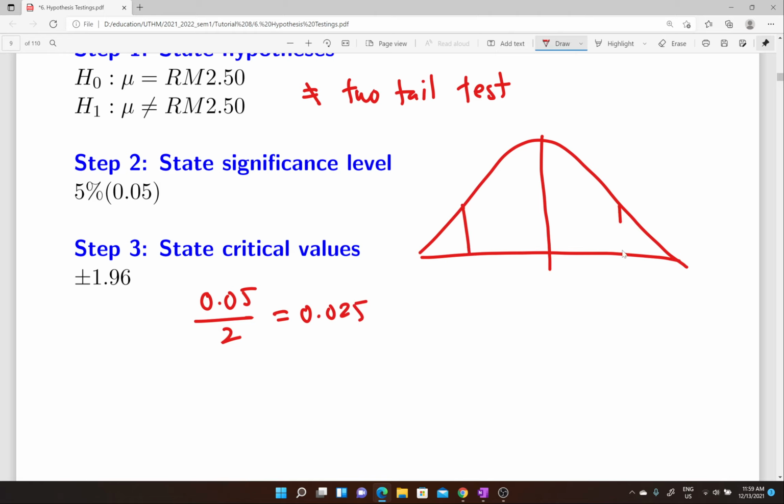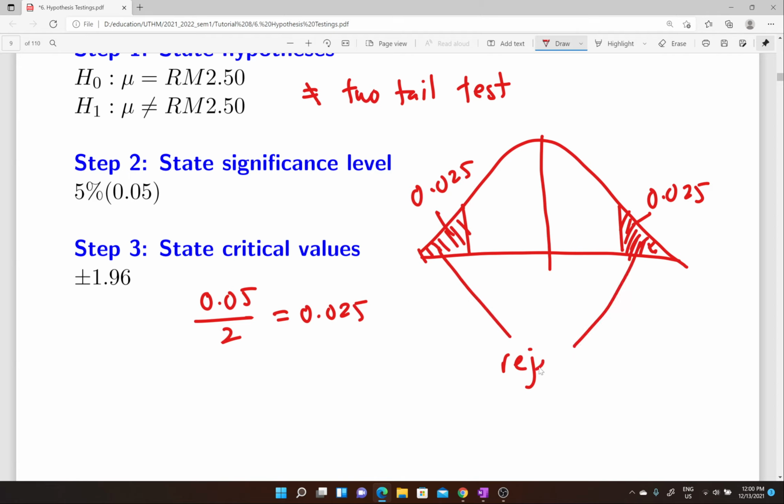So it's a two-tail: both tails you write 0.025. I call this the rejection area.